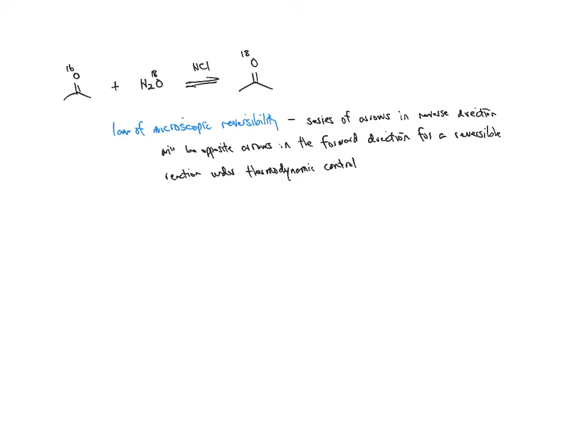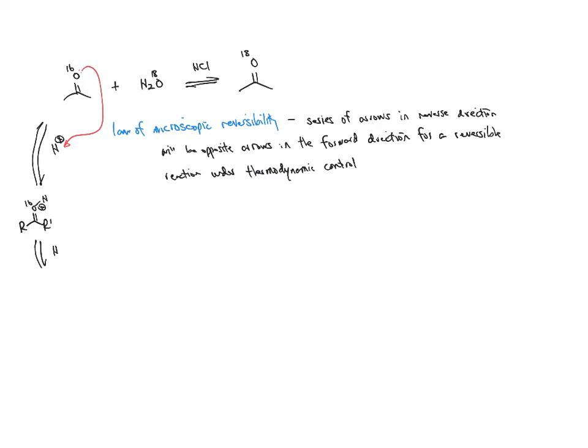Okay, and so let's try to draw the mechanism of this reaction. The first thing that's going to happen here is we're going to protonate that carbonyl. We're going to take the lone pairs on oxygen and protonate because we're under acidic conditions. HCl is a source of H+. That's going to give us a protonated O16 labeled carbonyl.